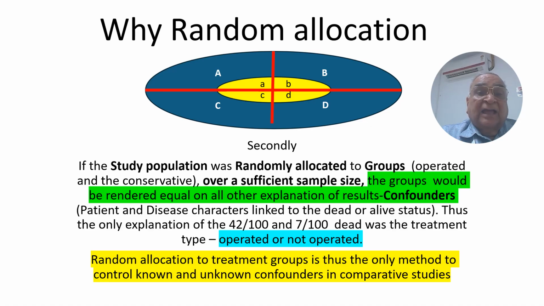So this characteristic of random allocation, rendering the compared groups equal on all other parameters except the treatment, and these parameters may be known or unknown, makes random allocation the most powerful method of comparing two treatment groups and is most useful in experimental comparative studies.